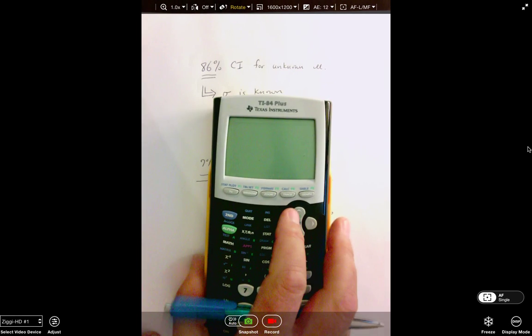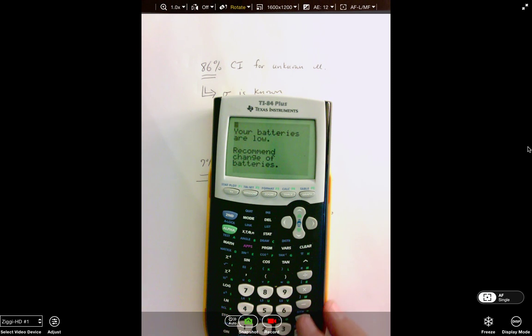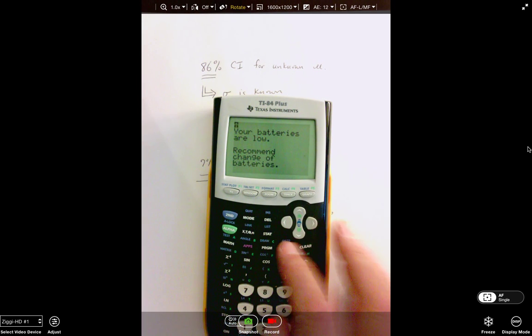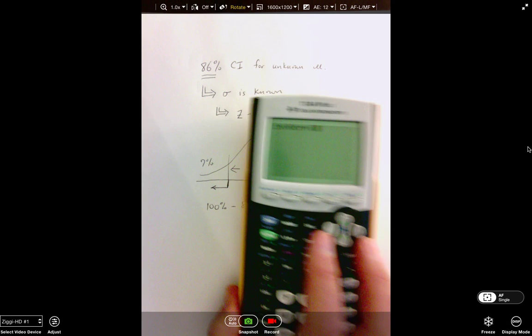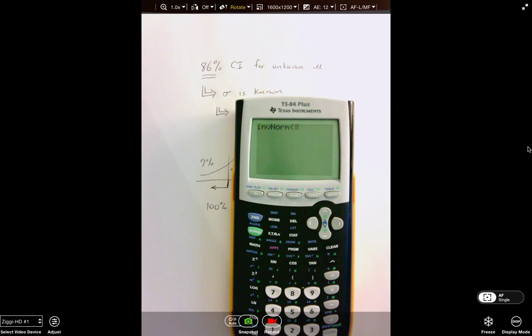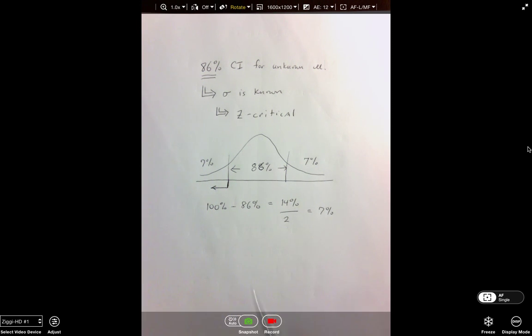Well, we're going to use our inverse z, which is called inverse norm. So we put the area below, which is 0.07. These things have mean 0, standard deviation 1. So negative 1.48 would be the value that we would have right here.